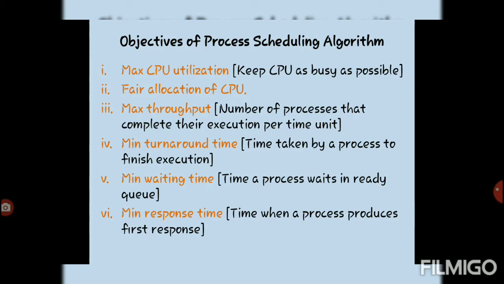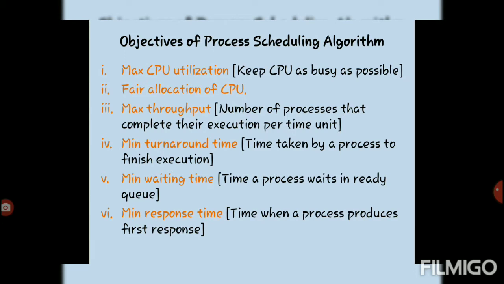Then the third one is maximum throughput. That is, we maximize the number of processes that utilize the CPU. Then minimum turnaround time. Turnaround time is the time taken by the process to finish execution.